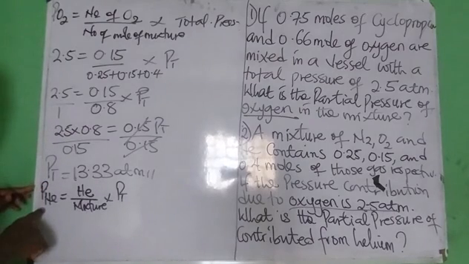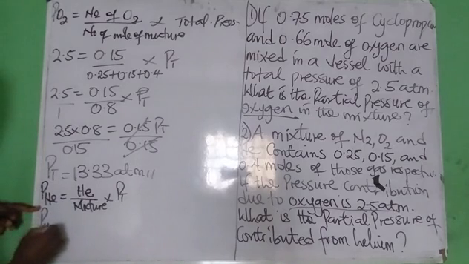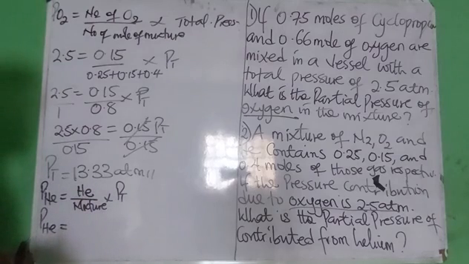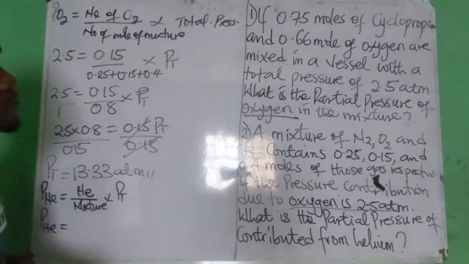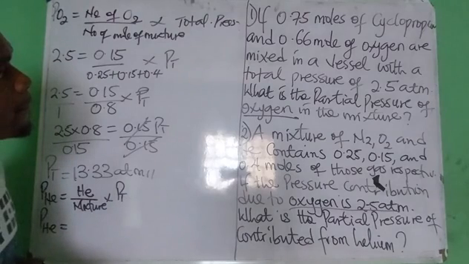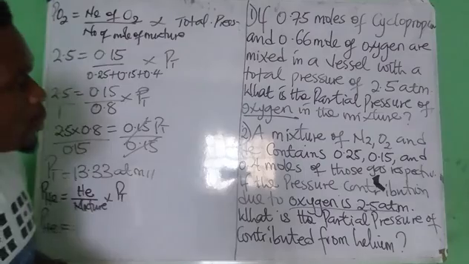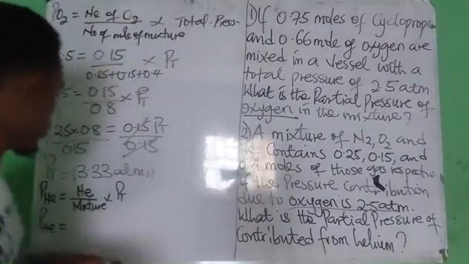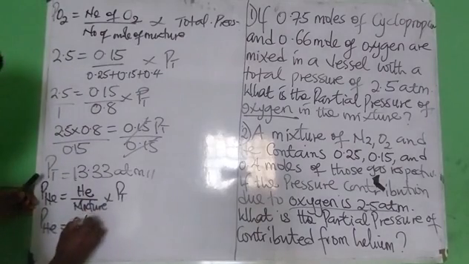The number of moles of helium from the question is 0.4.